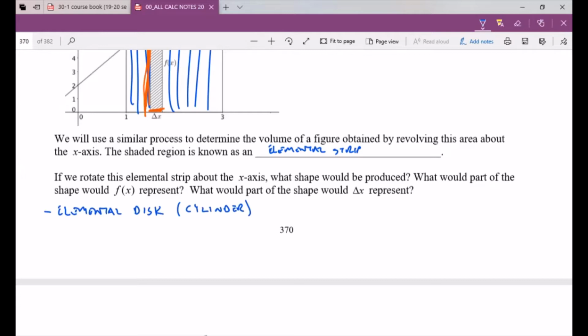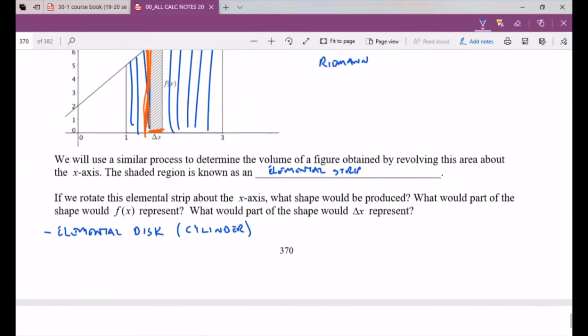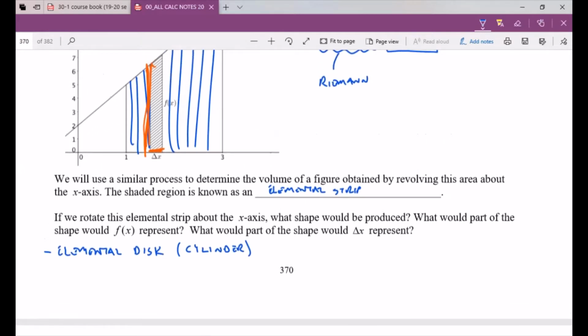What part of the shape would f of x represent? Remember, f of x was the vertical edge, and so that height, in the case of our elemental disk, ends up being the radius as we spin it around. This is the radius of our disk.